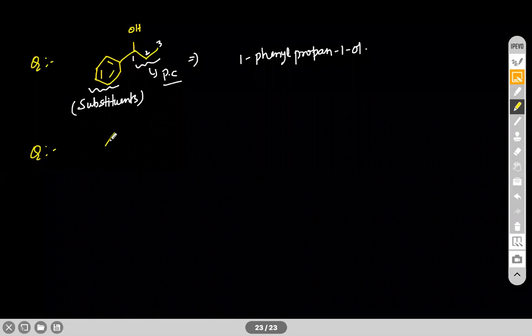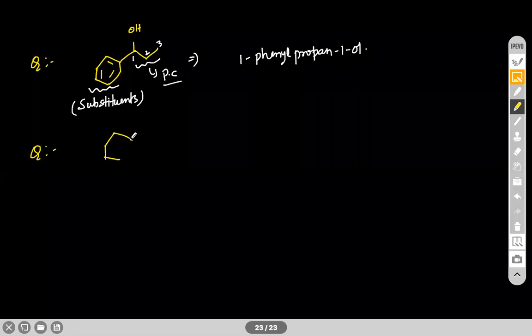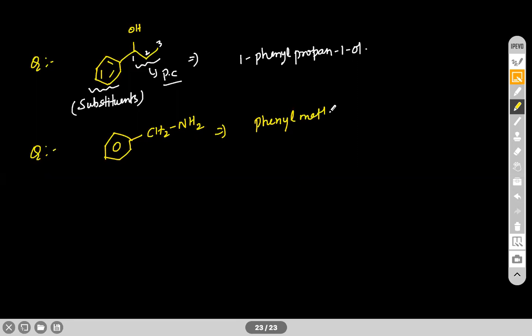Tell me the name of this compound. CH2, NH2. It is phenyl methenamine. Yes or no? Phenyl methenamine. What is the name of this compound?